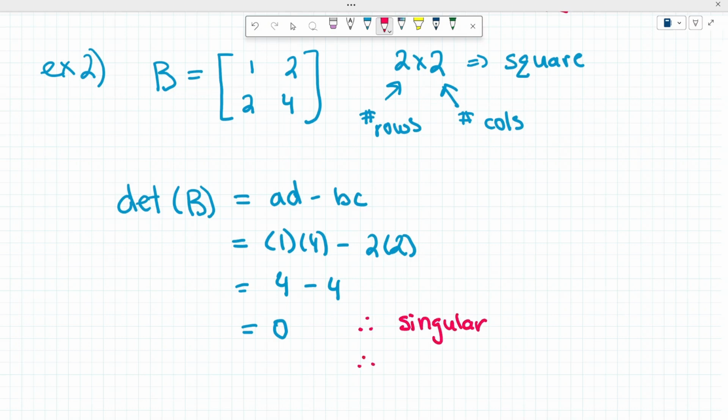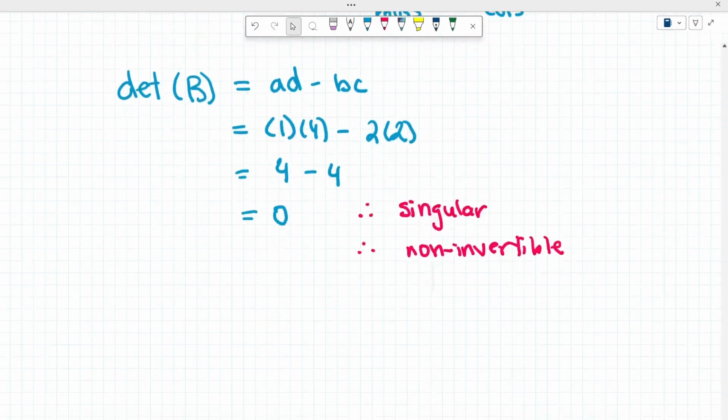So if it's singular, then it is non-invertible. So we used the same strategy for both of these examples, and we were able to determine whether these matrices were singular or not, which corresponds to whether they are invertible or not.